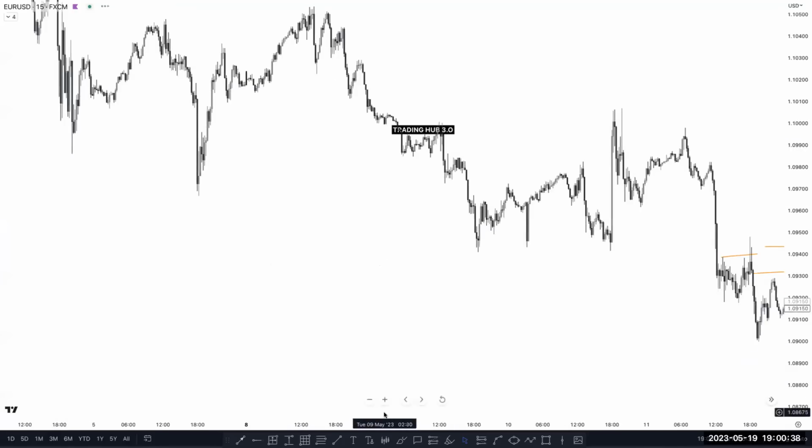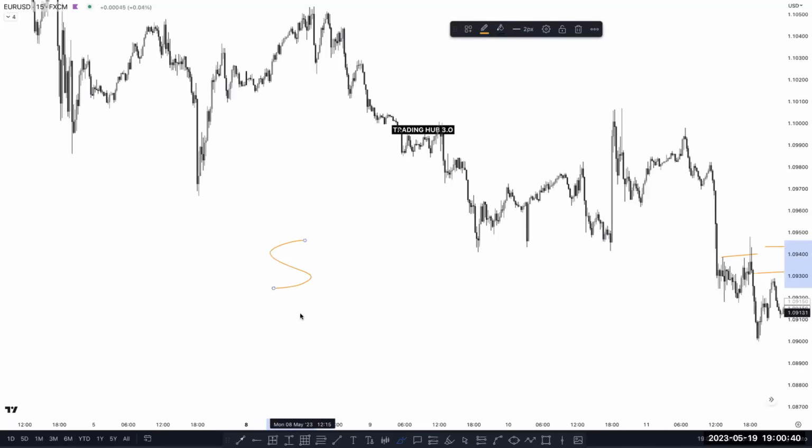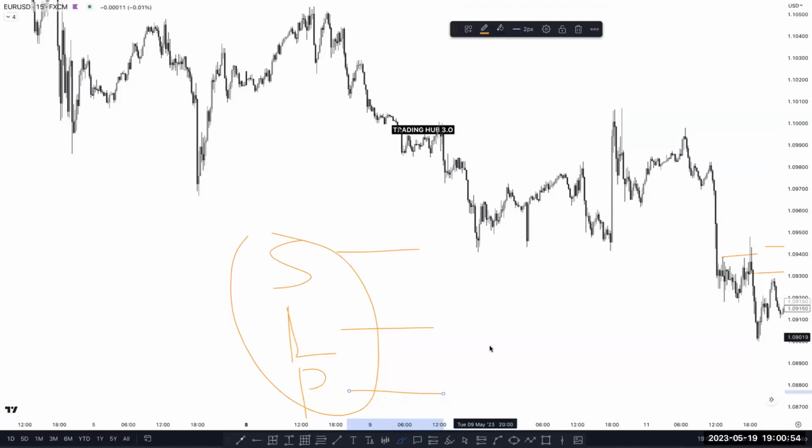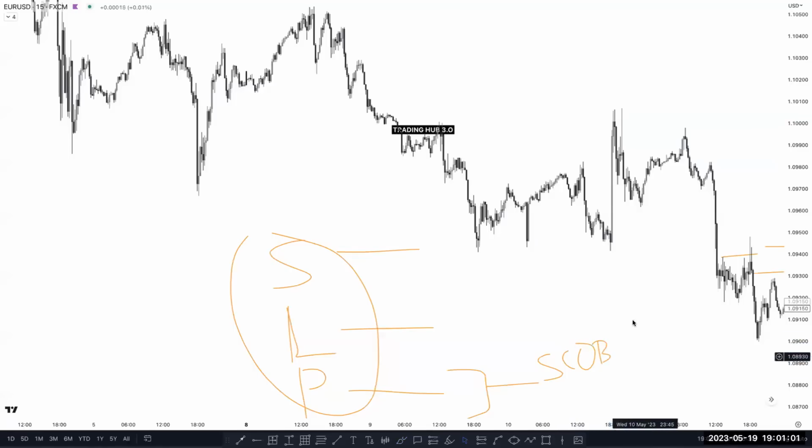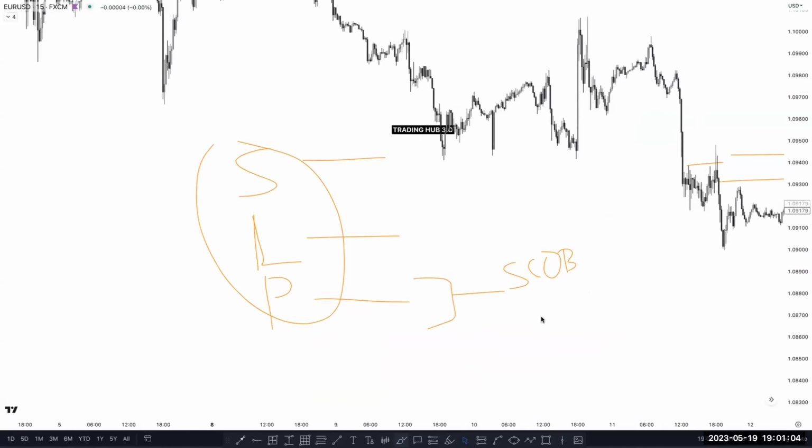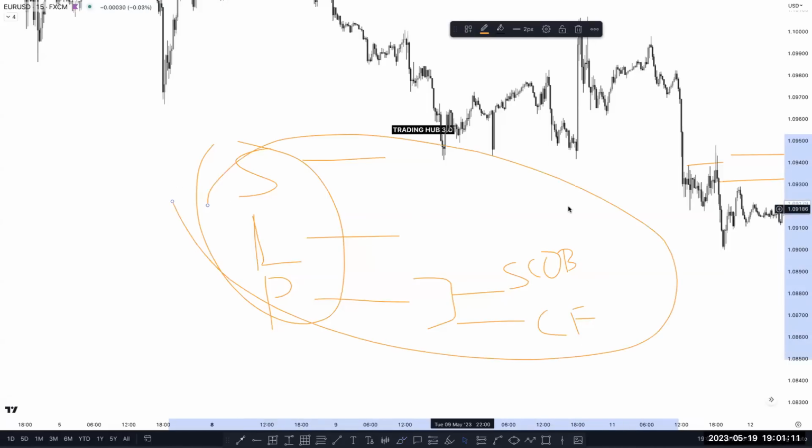First, identifying structure. Second, identifying PUI. I'm sorry, liquidity, and then PUI. Structure, liquidity, and PUI, and play here. SCOB, single candle order block, and you can say CHoCH and flip. CHoCH and flip entry module. That's it. Enough.